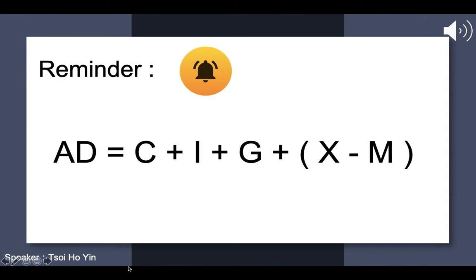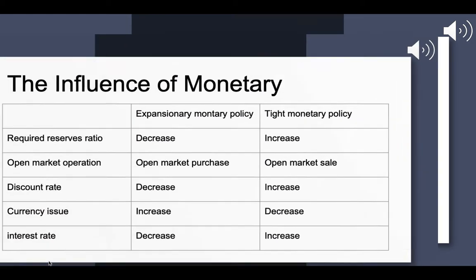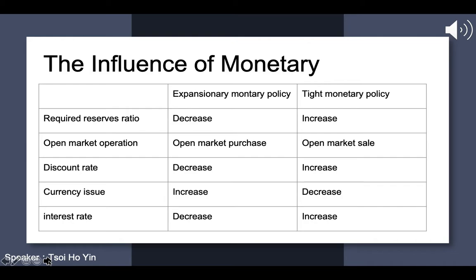This is the very important formula to count the aggregate demand, and it is composed of consumer spending plus investment plus government spending plus exports and less imports. First of all, let us remind some basic concepts of this chapter. Here is the table to show the difference between the expansionary monetary policy and the tight monetary policy.